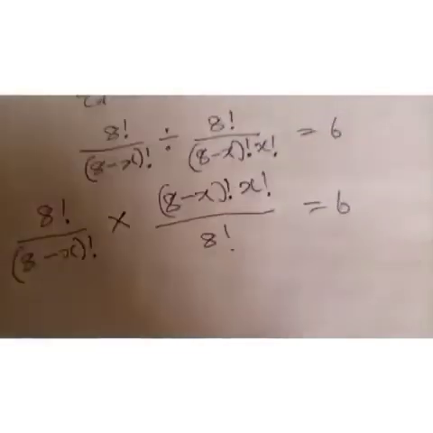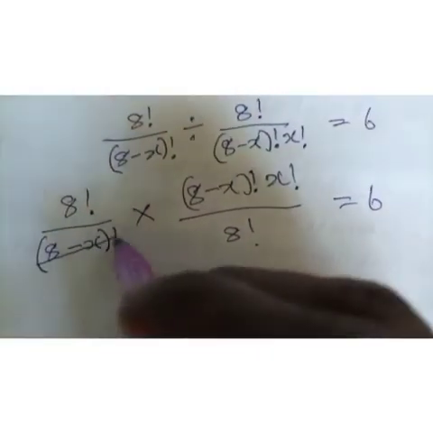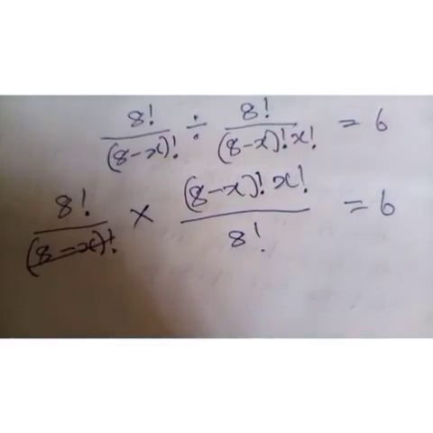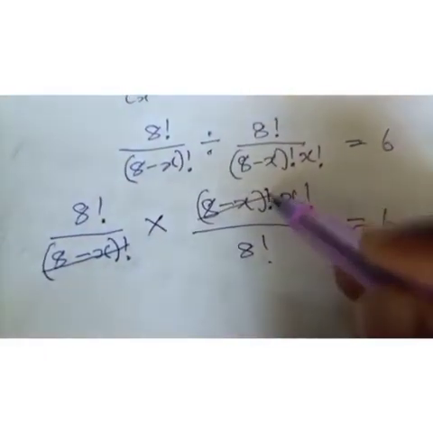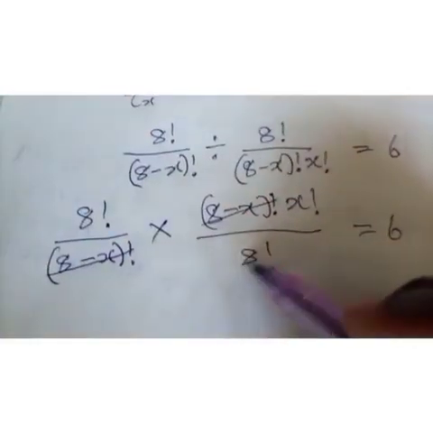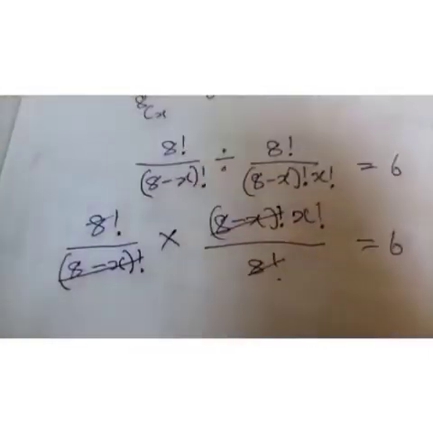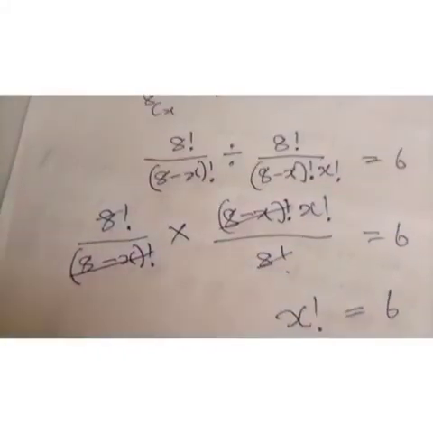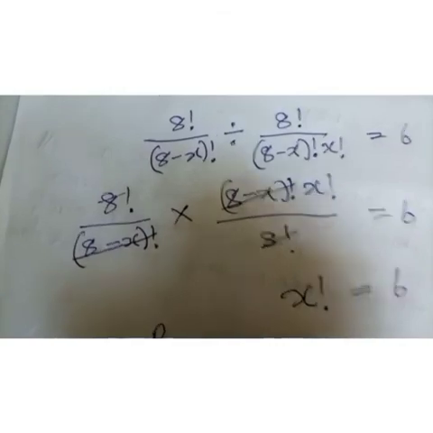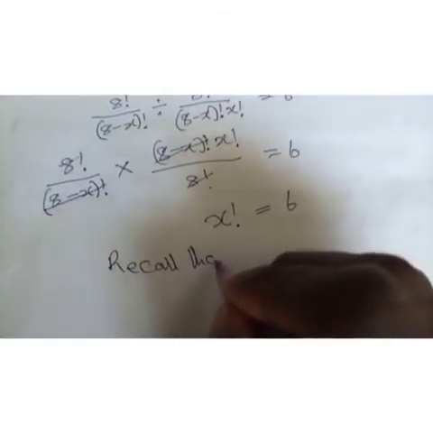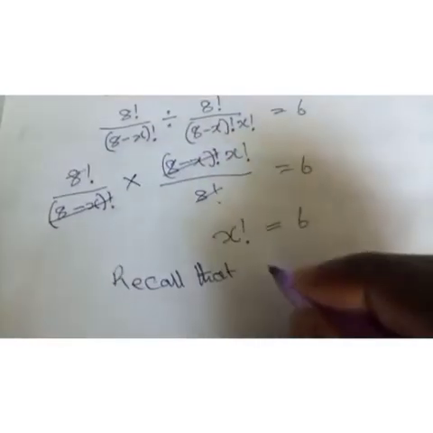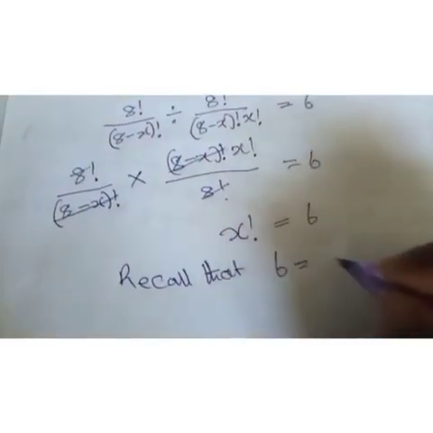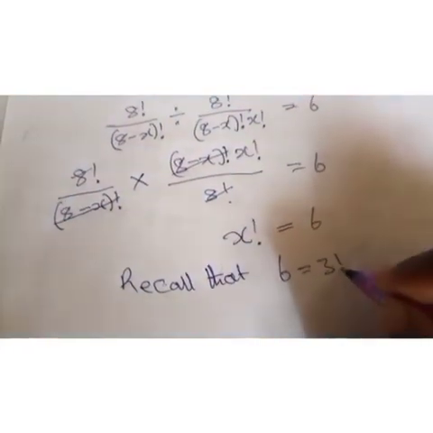And if you look at this, you can say 8 minus X factorial will go with 8 minus X factorial. 8 factorial will go with 8 factorial. So we are left with X factorial equals 6. But recall that 6 is equal to 3 factorial.